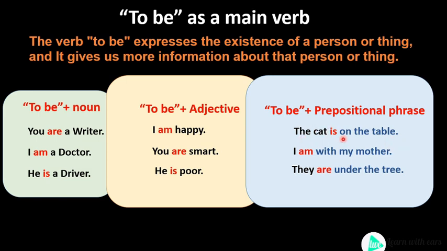The cat is on the table. On the table is a prepositional phrase, and with that we use the to be verb. I am with my mother. They are under the tree.